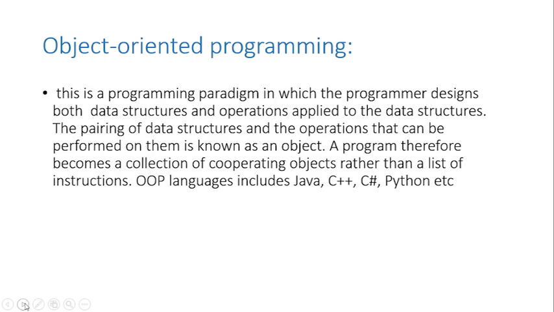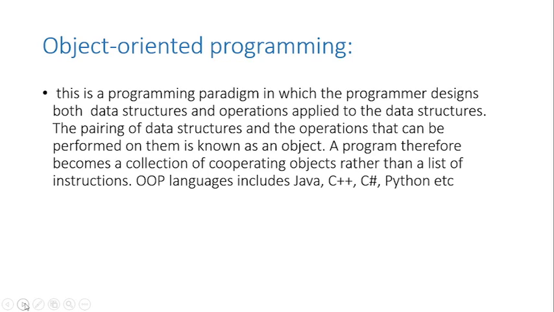The other paradigm is object-oriented, in which the programmer designs both data structures and operations applied to data structures. The pairing of data structures and the operations that can be performed on them is known as an object.